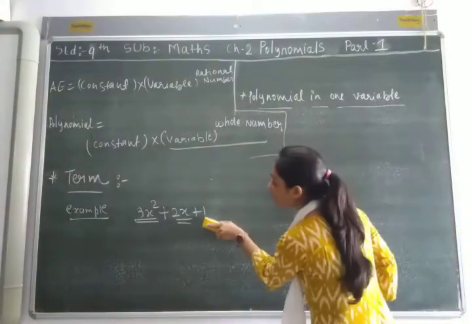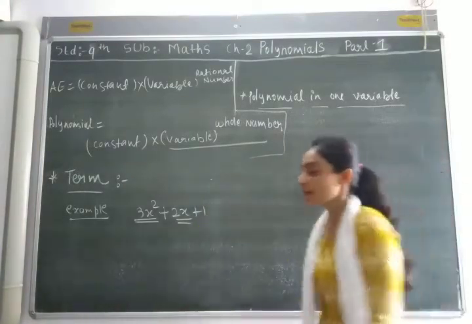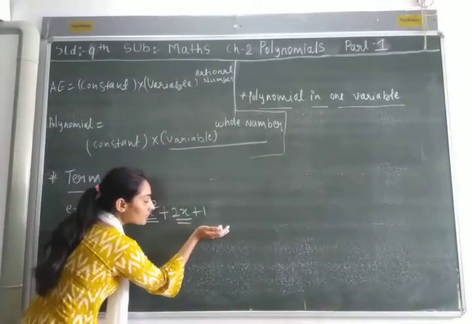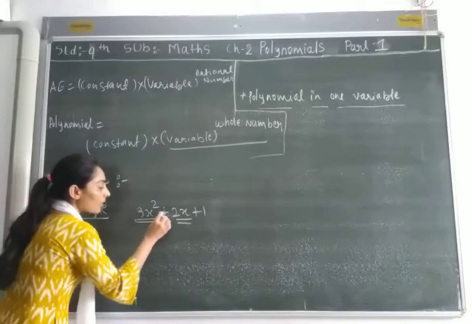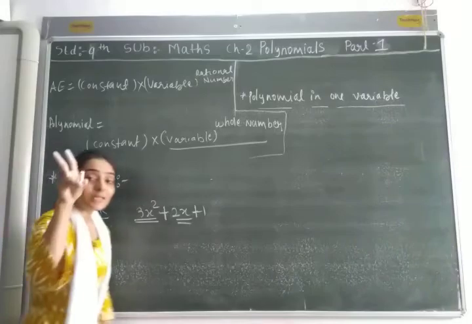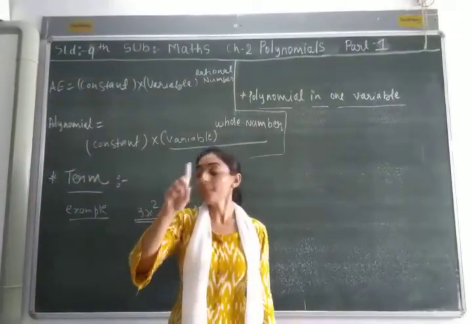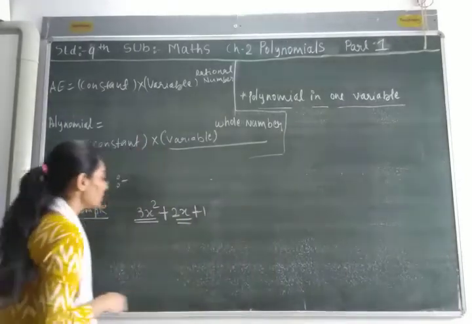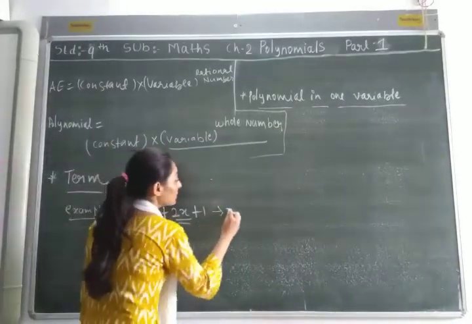So we can say this one is my third term. So there are 3 terms. Each term is separated with only 2 signs: the first one is addition and the second one is subtraction.